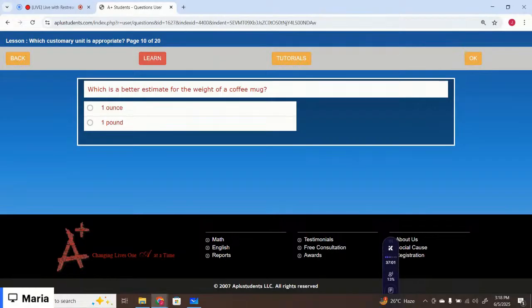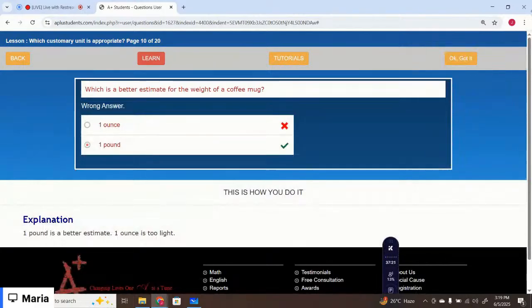Which is a better estimate for the weight of a coffee mug? That would be 1 pound, not 1 ton.